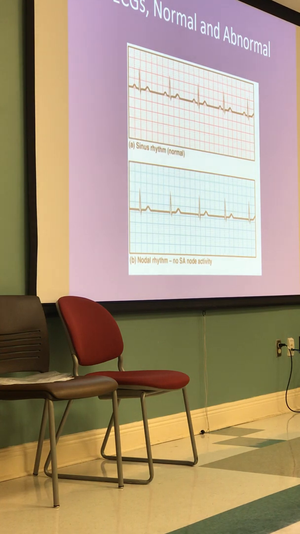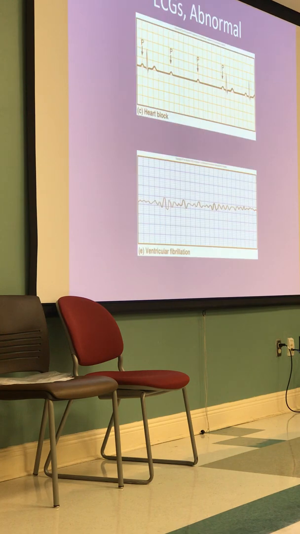Normal sinus rhythm, this is usually lead 2. Remember, your P wave is upright in lead 2. Look at this one. Where's your P wave? It's gone. This usually means that there's no SA node activity.